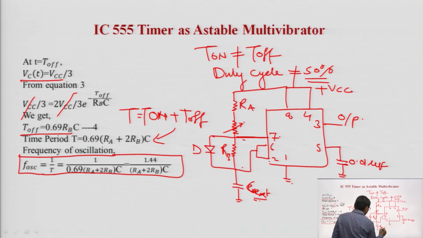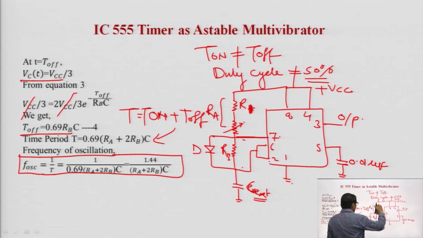Pins 6 and 2 are tied together with the external capacitor C. In this case, for charging we have the potentiometer Ra and Rb, and here is one potentiometer with a variable resistor, and we try to maintain Ra equal to Rb. Let us suppose this whole is Ra, and it is considered as R1.